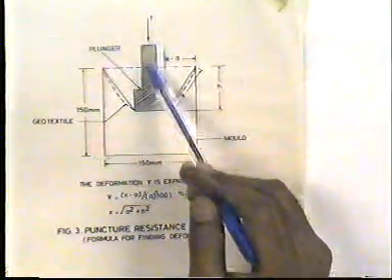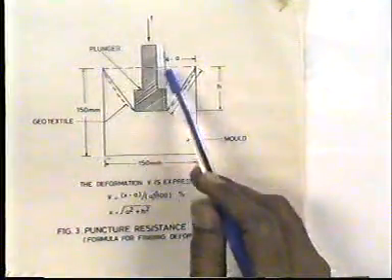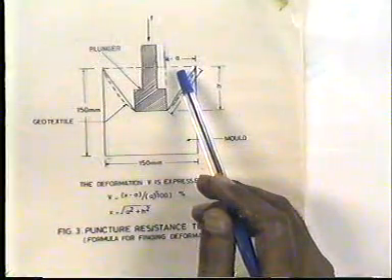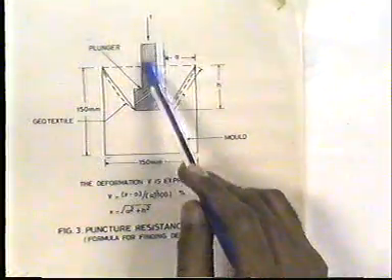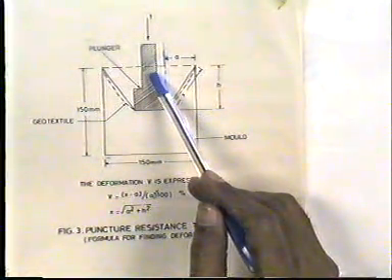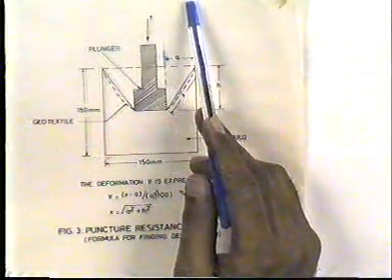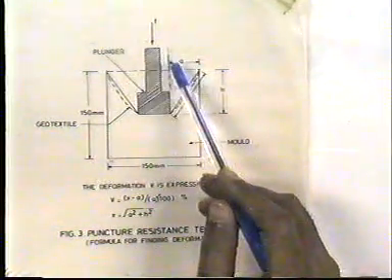A force is exerted against the center of the unsupported portion of the testing specimen by a solid steel rod attached to the load indicator until the rupture of the specimen occurs.